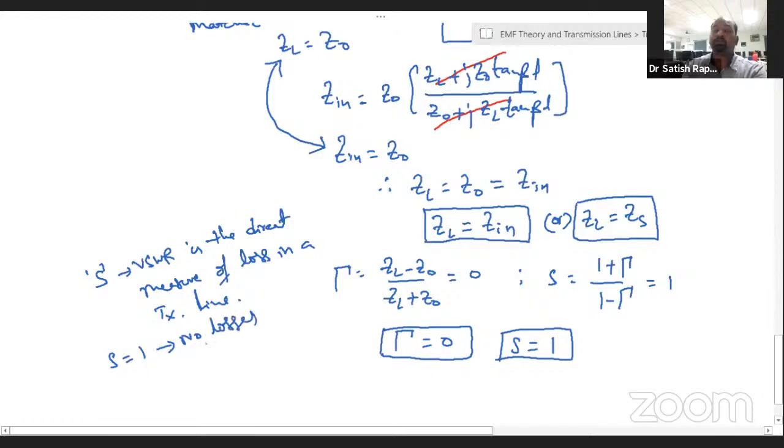S equal to 1 means no losses. So this is about open circuited, short circuited, and matched lines. So let us close the session.